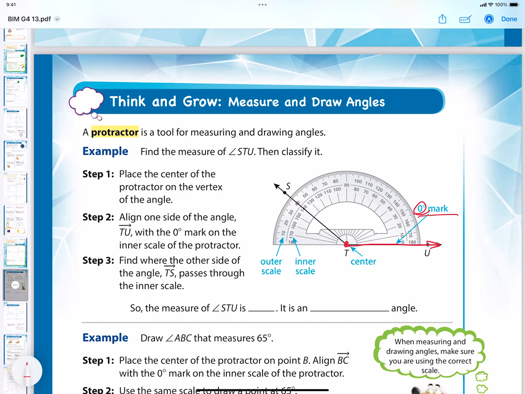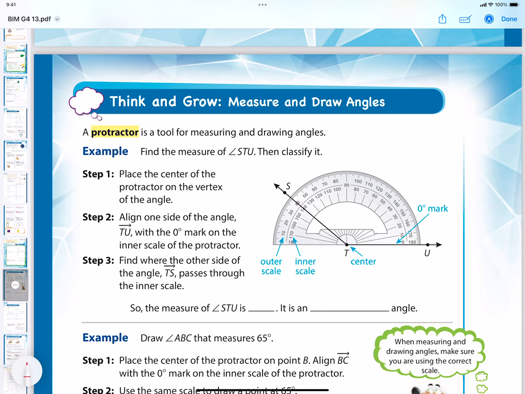You need to align that, which means overlapping, matching the line with the bottom line of the protractor. That's really important. You have to match this vertex with the center and align this 0 degree mark. This is the key when you measure this angle.